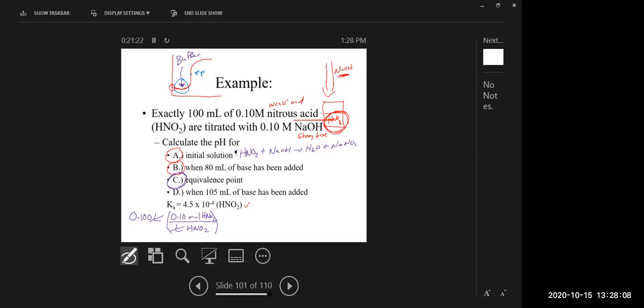From the equation, the stoichiometry is a 1-to-1 relationship, which means 1 mole of HNO2 is 1 mole of NaOH. If you do that, 0.1 times 0.1 gives you 0.01 moles of sodium hydroxide.